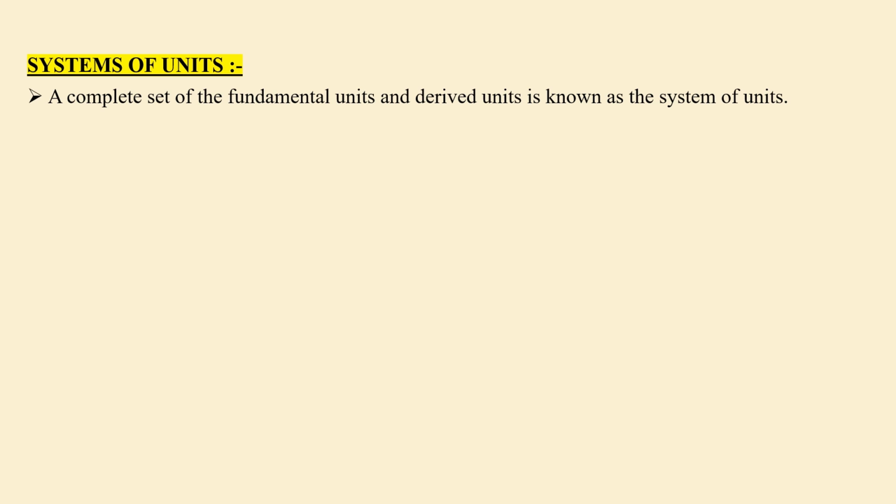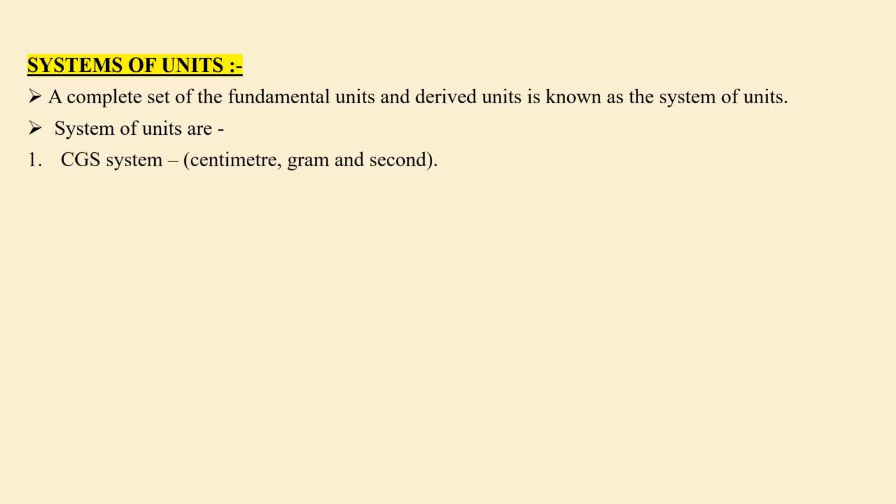Now look at systems of units. A complete set of the fundamental units and derived units is known as the system of units. Here mainly 4 types of system of units are there. They are: 1. CGS system, meaning centimeter, gram and second. 2.